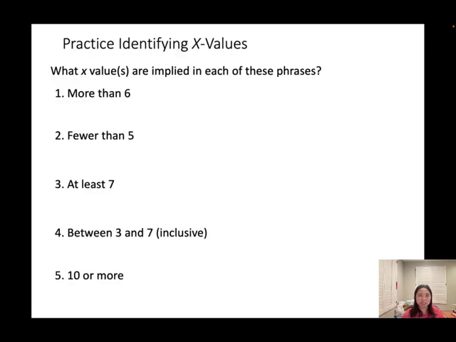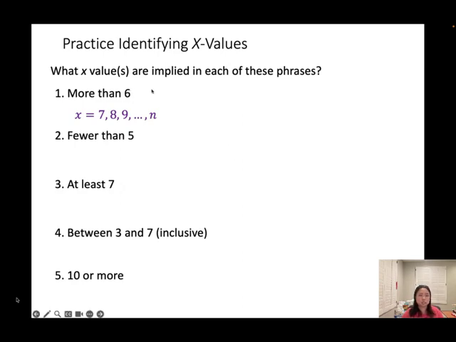But before that, we need to know how to write down the inequalities. You should have learned this in algebra. What x values are implied in each of these phrases? For example, more than 6 means x equal to 7, 8, 9, until n, not including the 6.